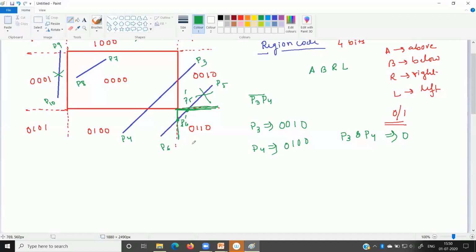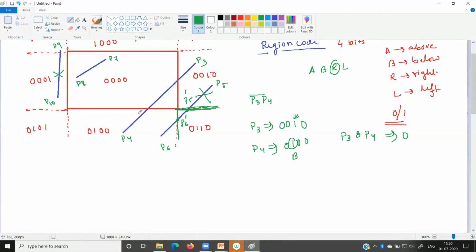With which boundary do we have to find the intersection? Again the same logic. For P3 this bit is 1, which means the R bit is 1, and for P4 this bit is 1, which means the below bit is 1. So we have to find out the intersection with the right boundary line and the below boundary line.